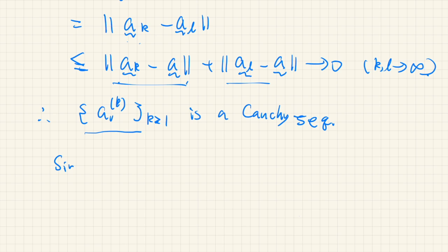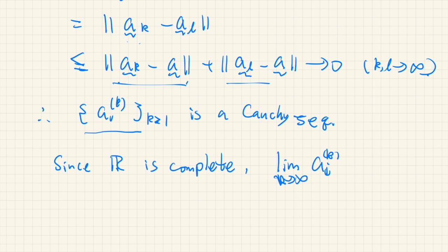Since R is complete, the limit as k goes to infinity of a_i^k exists, of course in the set of real numbers. So let that limit be a_i.